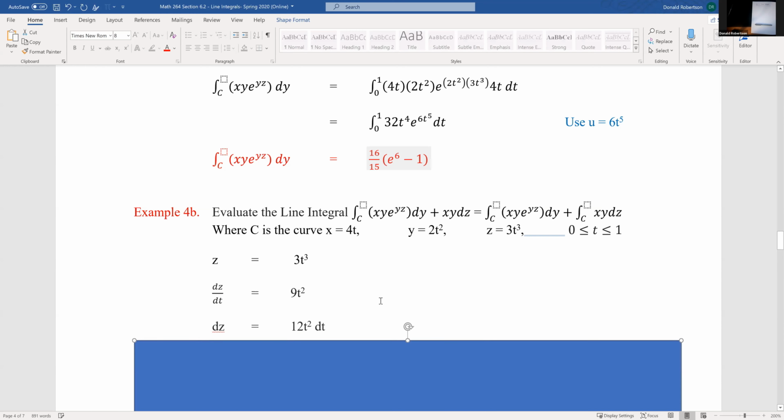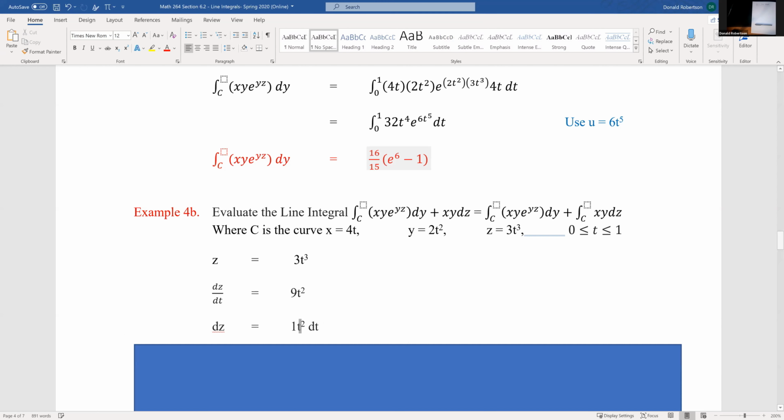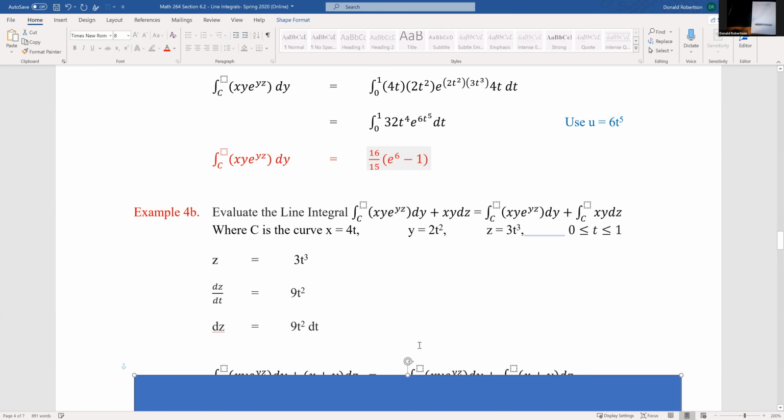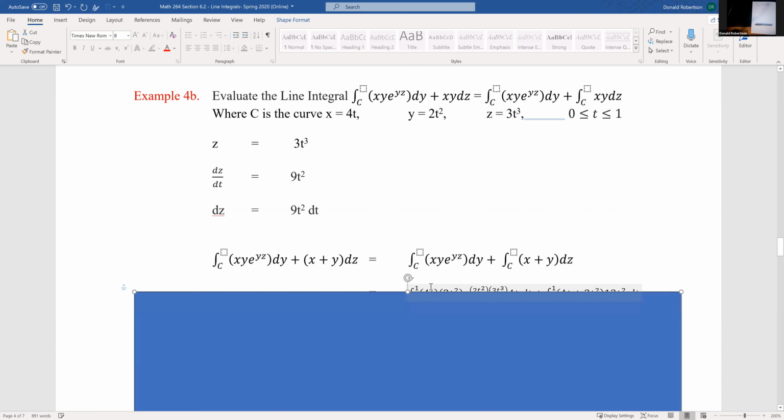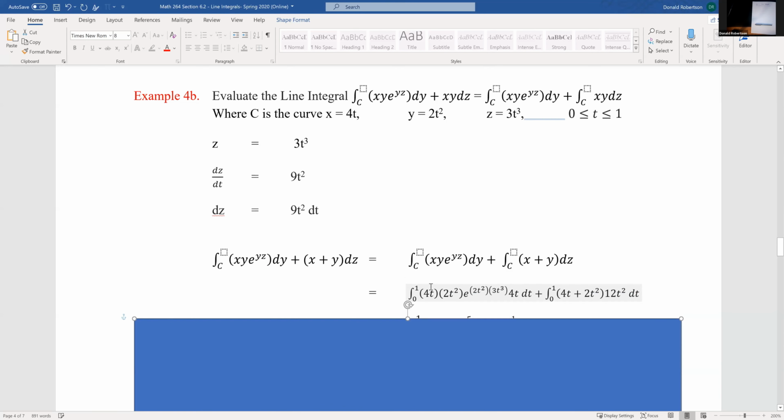Which means that this fella is 9t squared. Now you put this package together and you get the integral of this, which is just a repeat of what was above, and this fella over here, which is 9t squared.